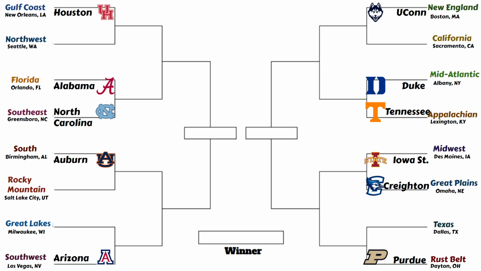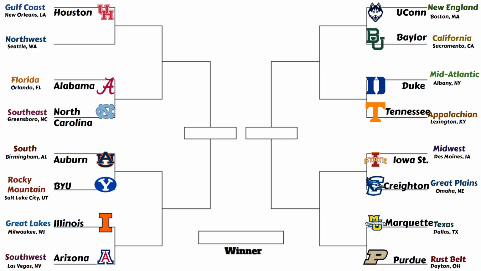And as I continue forward, Creighton Blue Jays in the Great Plains region. We have BYU out in the Rocky Mountain region. We have the Fighting Illini out in the Great Lakes region as a number one seed. We have Marquette as a number one seed in the Texas region.